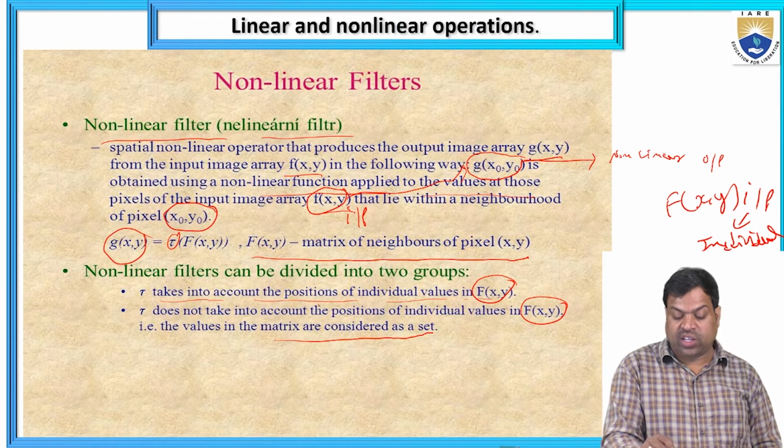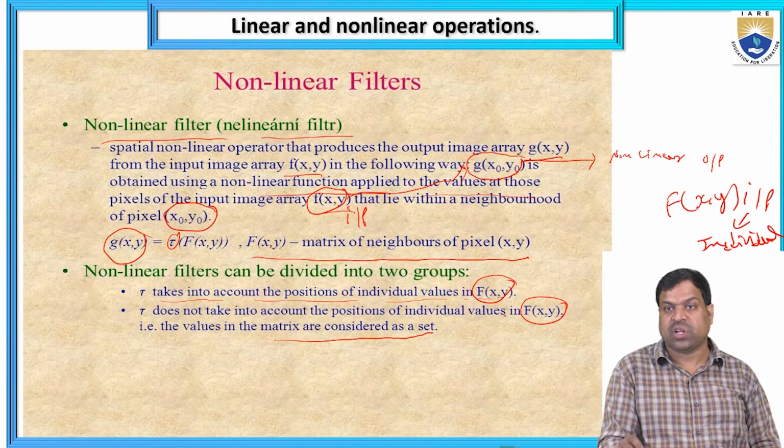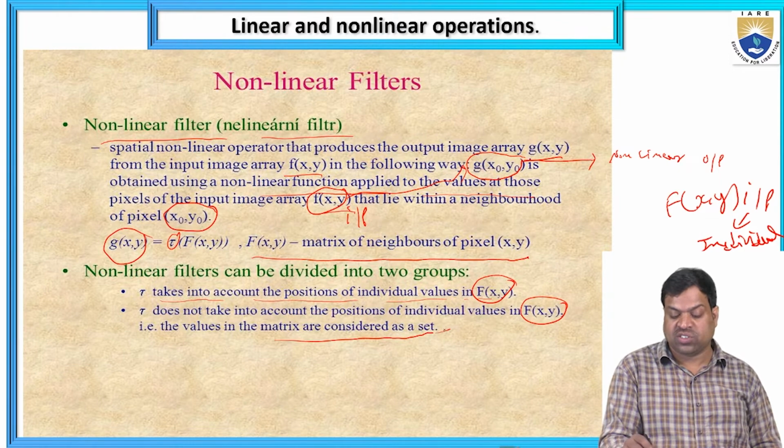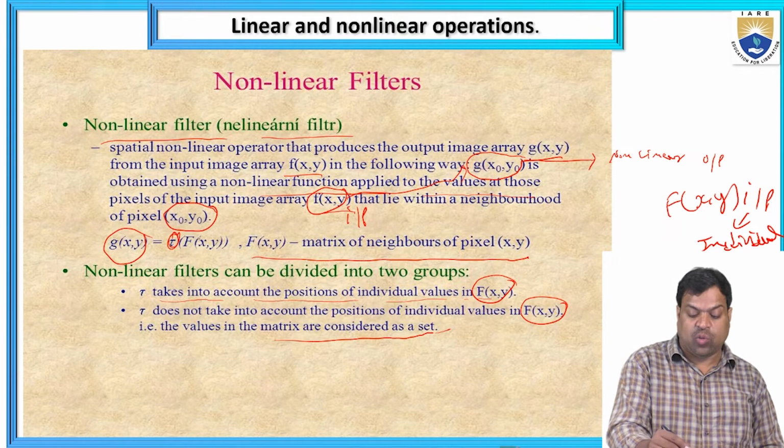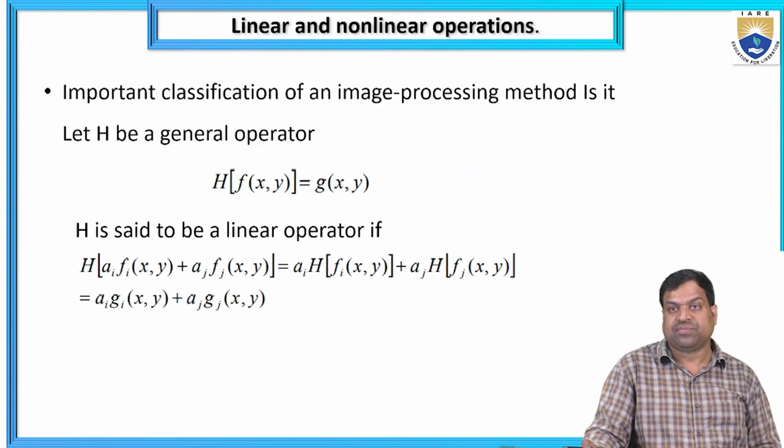So there are two sets, small f of x comma y and capital F of x comma y. When I take the operator with input, that is the nonlinear type.